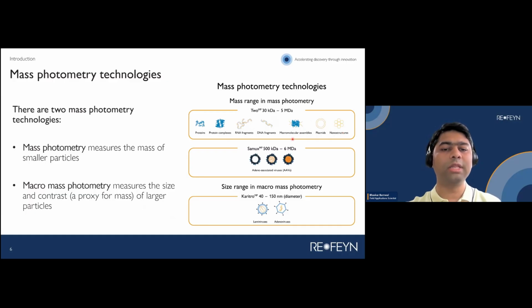However, SEMEX-MP is designed mainly for analysis of AAVs specifically, and we can have a look at the partial and overfilled AAVs as well using SEMEX-MP, apart from getting the AAV titer. We also have GMP compliant software for the SEMEX-MP, so you can analyze in good manufacturing practices.